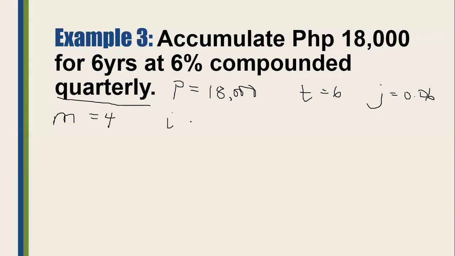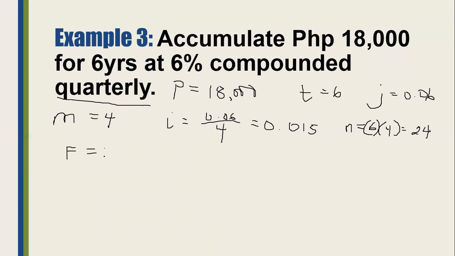So let's compute for our I. J is 0.06 divided by 4. So we have 0.015. And then our N is 6 times 4, where 4 is the M, so 24.